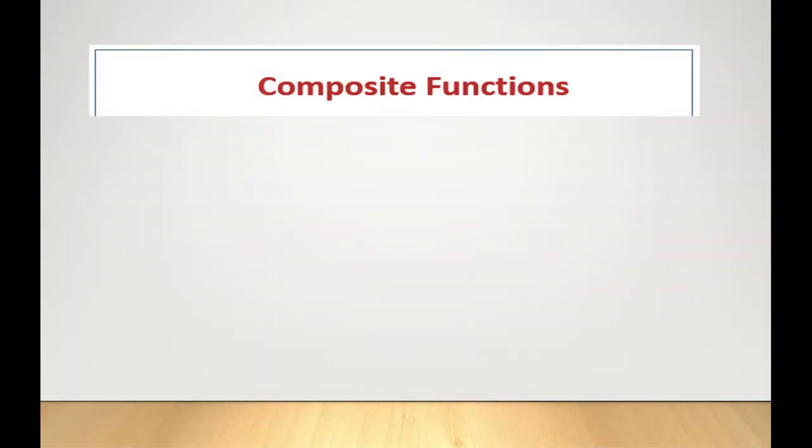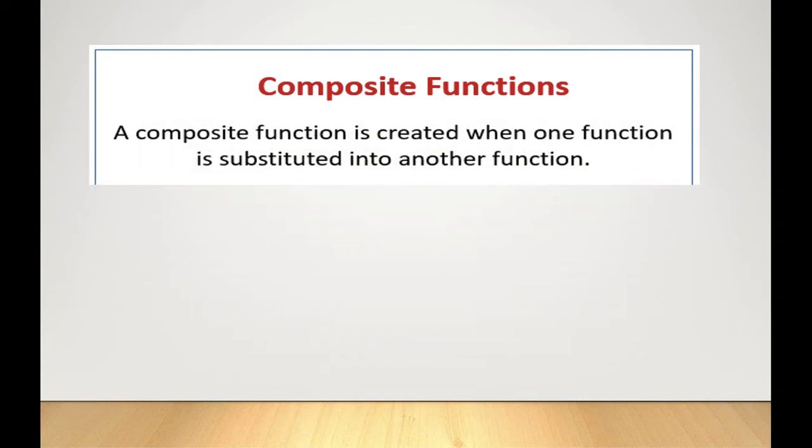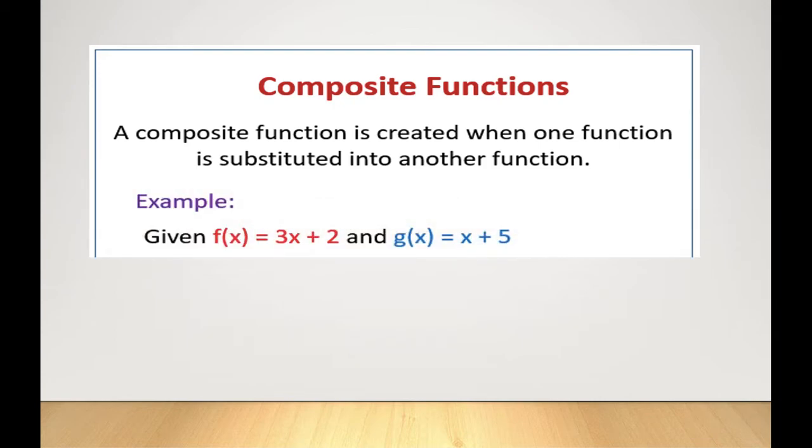Now students, a composite function is created, as I told you already, when one function is substituted into another function. Here I have given an example question. Given f of x is 3x plus 2 and g of x is x plus 5, you have to find f of g of x.